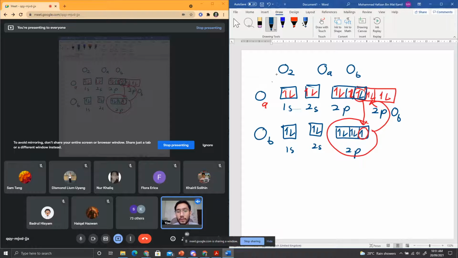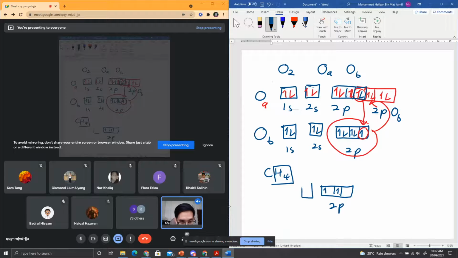Hybridisation, why do we keep using more and more, kenapa kita perlu mix? Because tadi macam yang kita tengok CH4, okay, carbon only has 2 unpaired electrons. Tapi dia perlukan, dia buat bond dengan 4 hidrogen. So macam mana dia nak buat bond even kalau dia only has 2?